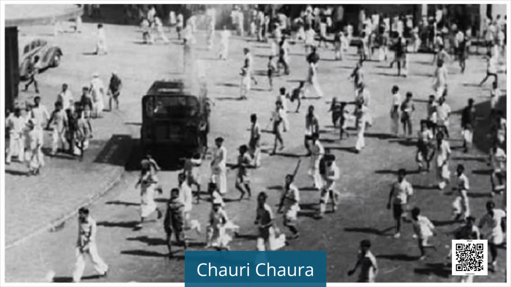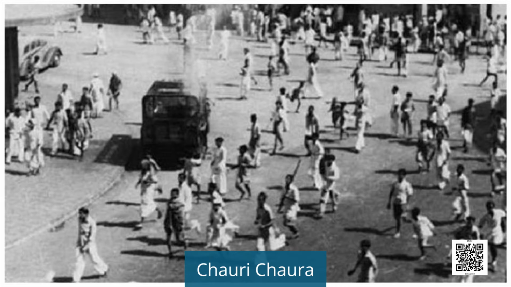In Chauri Chaura in the Gorakhpur district, which is in modern Uttar Pradesh, a large group of protesters participating in the non-cooperation movement clashed with the police, who opened fire. In retaliation, the demonstrators attacked and set a police station on fire, killing all its occupants, which included 22 policemen and 3 civilians.